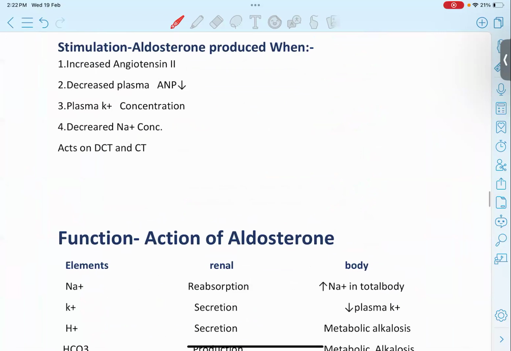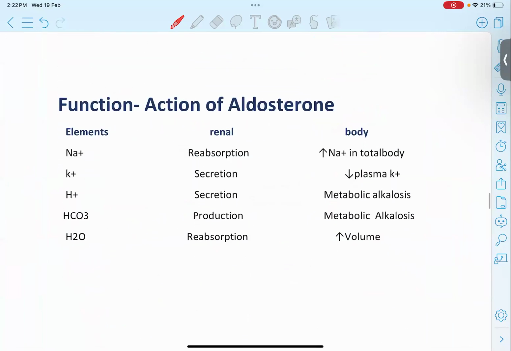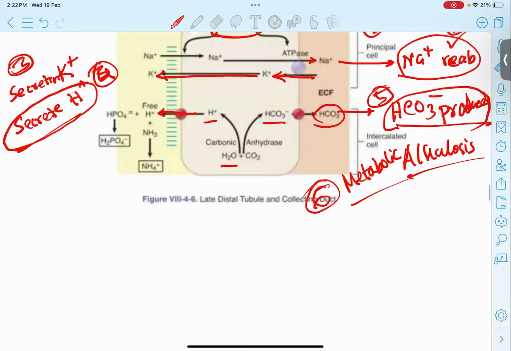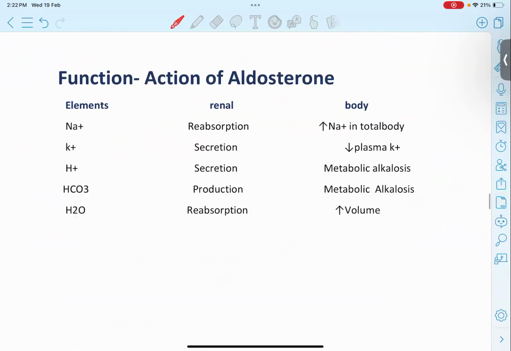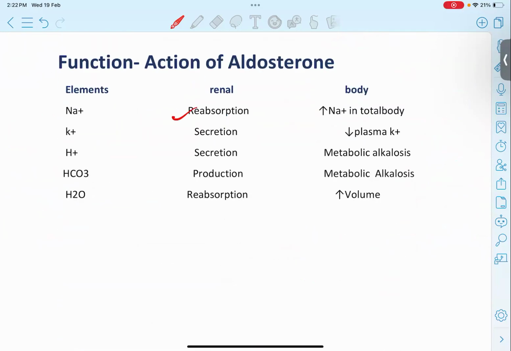If you understand this, next we will move here. Stimulation of aldosterone production I am discussing, but first just look here. This is what I have just mentioned. We will reabsorb sodium, so ultimately in the body sodium content will increase. Potassium we are secreting, so plasma potassium is reducing because we are secreting it in the urine.